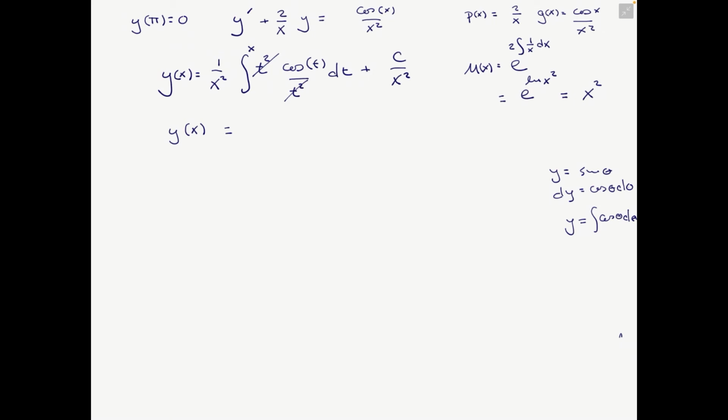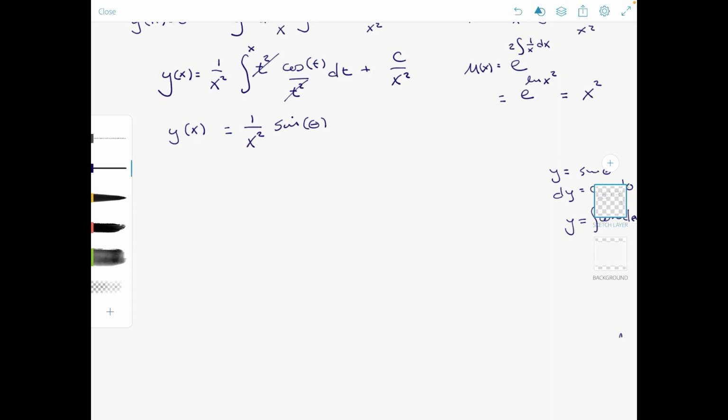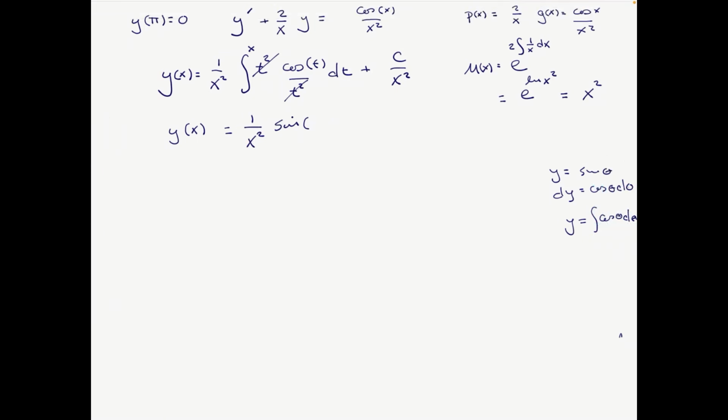So we have 1 on x squared sine x plus c on x squared, and y of pi equals 0.